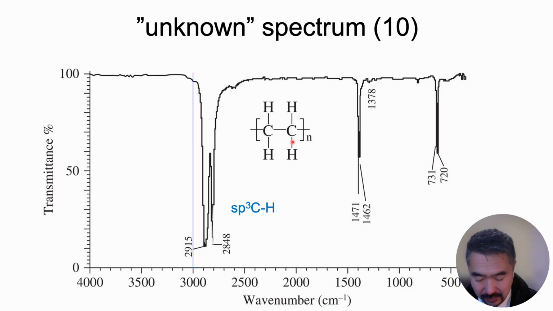All these CH bonds and CC bonds are embedded in this super long, big molecule, so they don't have very much freedom to move around. So there's only a few dance moves, so to speak, that they can do, and hence very few signals. That's typically an indication that you're looking at a polymer.